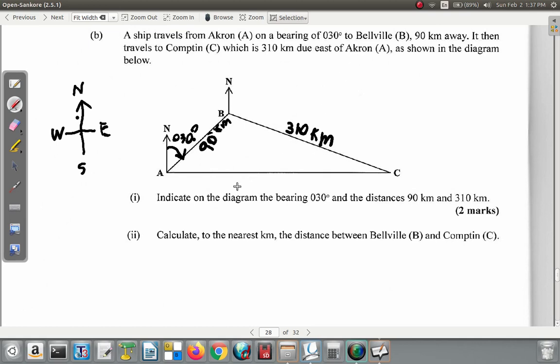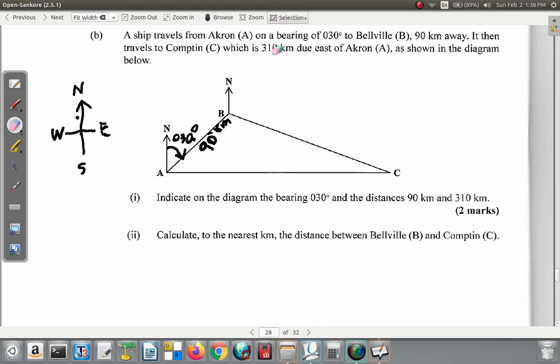Now, after that, it says calculate to the nearest kilometer the distance between B and C. Hold on, it says from A to B, it then travels to C, which is 310 kilometers due east of A. Oh, it doesn't say it travels 310 kilometers.